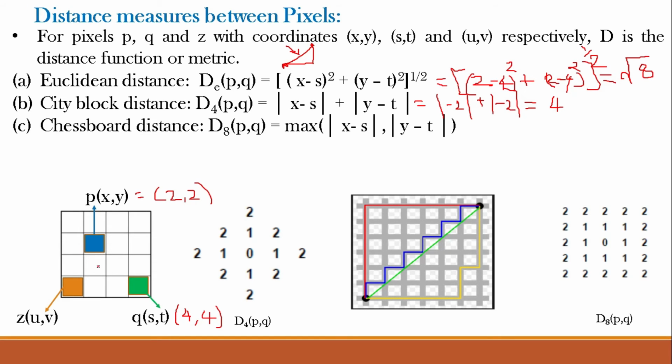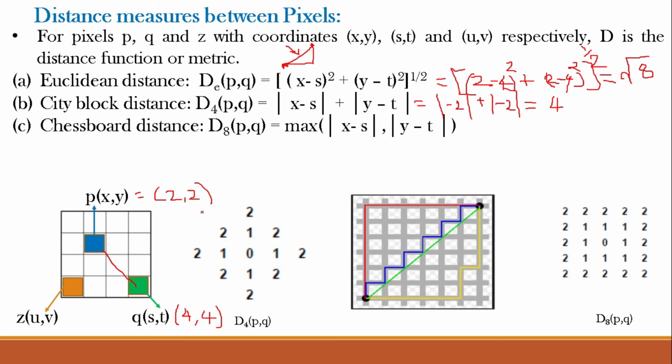You have to go 4 blocks to come to the destination pixel. Again, you can even come using this path. This is 0, so 1, 2, 3 and 4. So this is known as city block distance. The Euclidean distance between this pixel and this pixel, along this path, came out to be root 8, whereas the city block distance comes out to be 4.